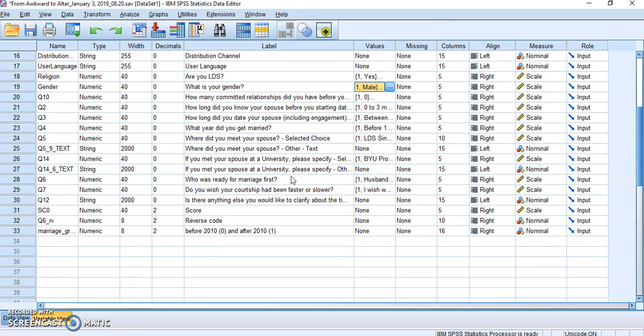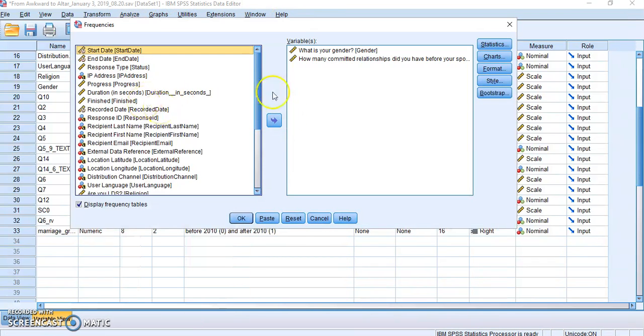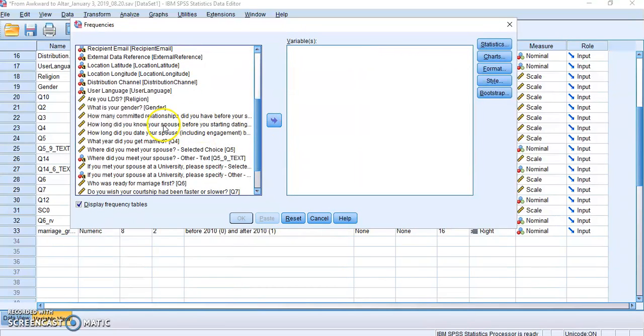All right, so how do you actually do a correlation in SPSS? Let's try and find a correlation between the length of time a participant knew their spouse before marriage and how long they dated. Let's run frequencies really fast. So analyze, descriptive statistics, frequencies. We'll say reset. And we'll go here.